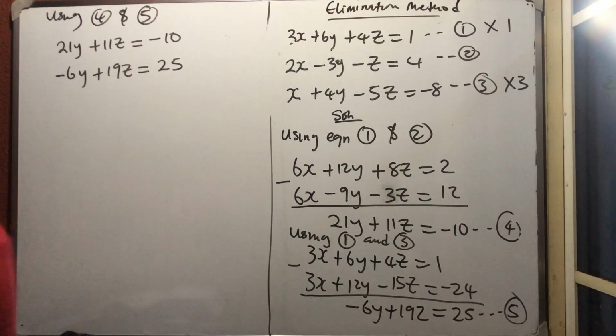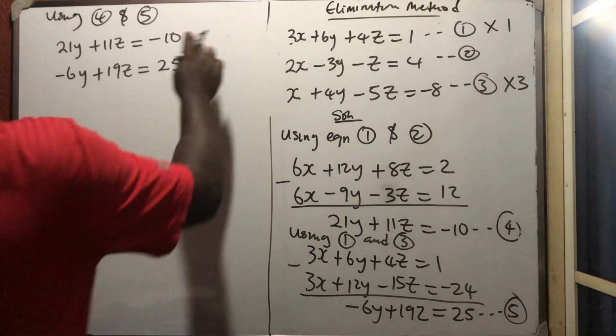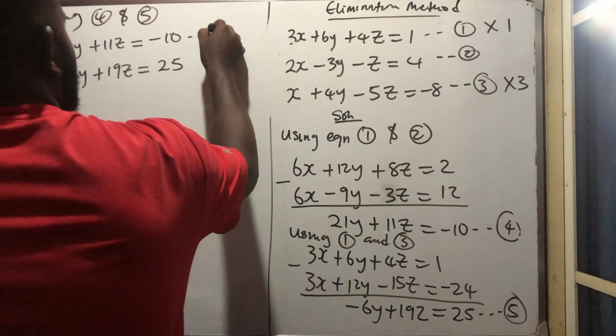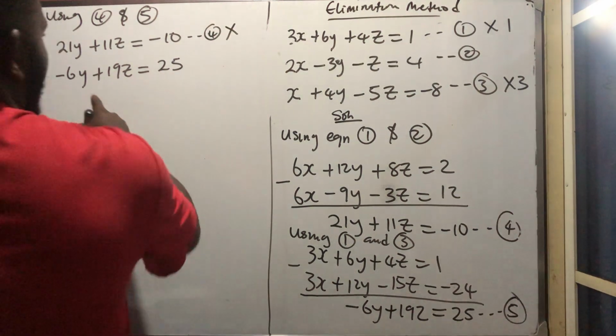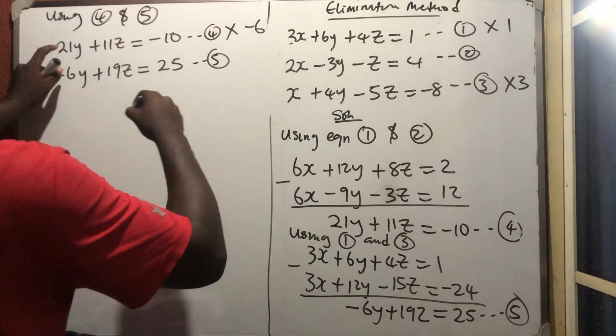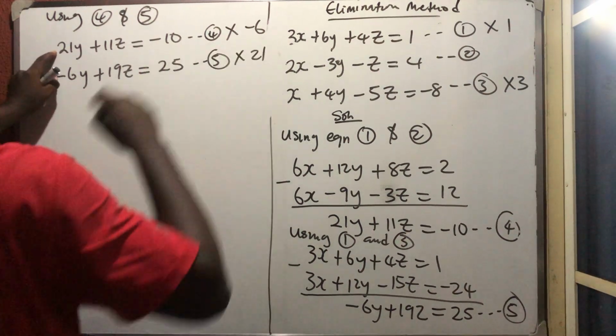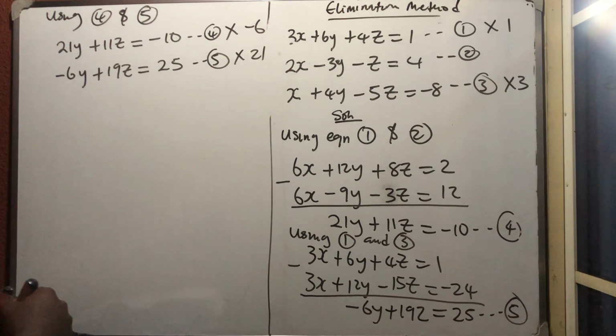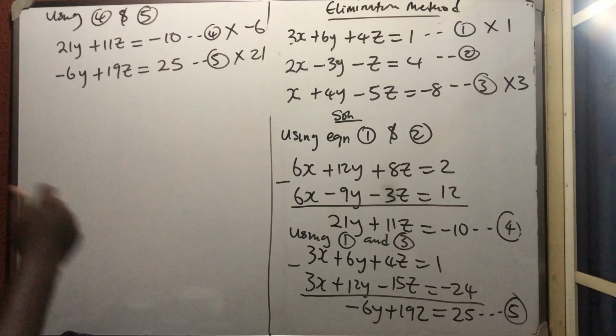Now, since we have this, we want to eliminate y or eliminate z depending on the one you want to do. So for equation 4, the coefficient of y here is minus 6, and for equation 5 the coefficient is 21. So what do we do? Let's go.